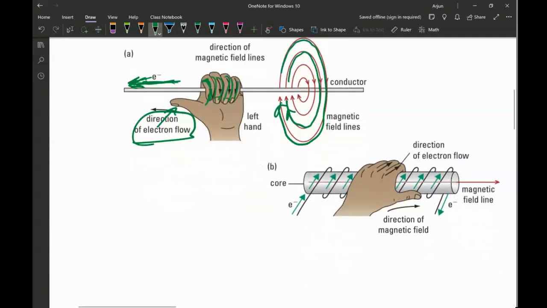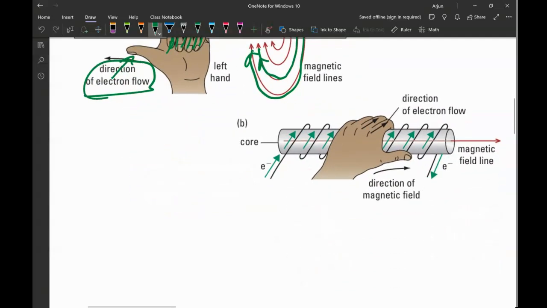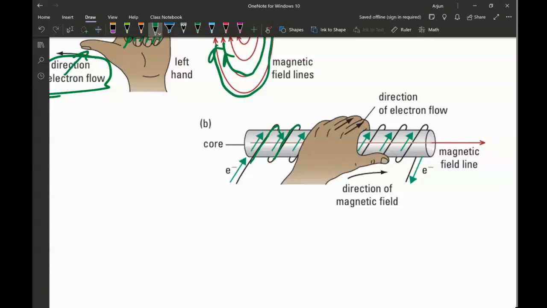Now this is a coiled form. This is a coil. So what's happening? The role of the fingers will change with the thumb. Now the fingers will represent the flow of electron, and the thumb will represent the magnetic north.